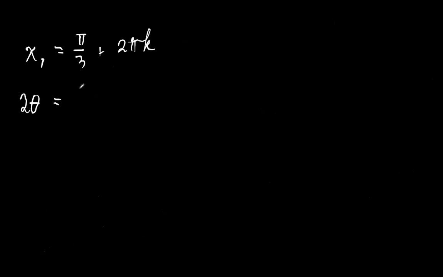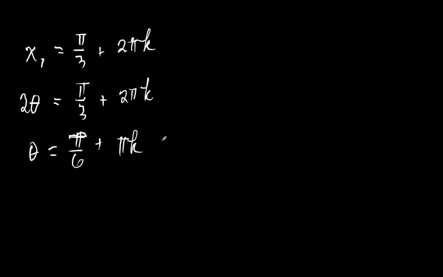So 2 theta equals pi over 3 plus 2 pi k, and here we go, theta is equal to pi over 6 plus pi k. Right? Now, guys, again, since we're talking about theta, theta should be less than 2 pi but greater than or equal to 0.